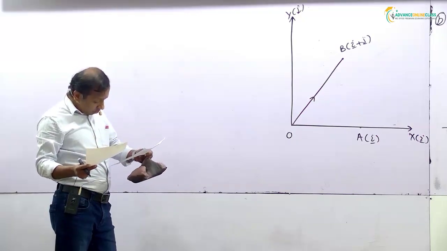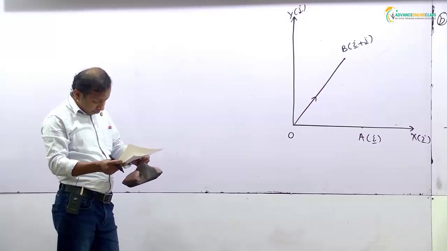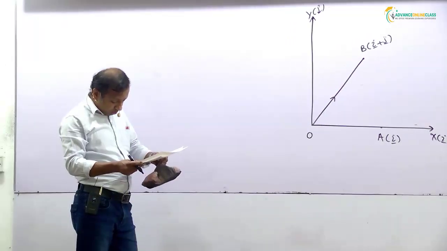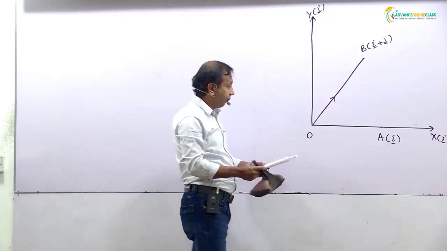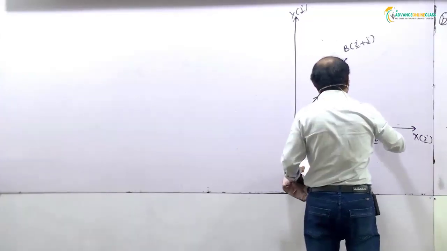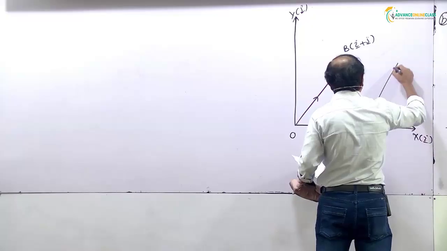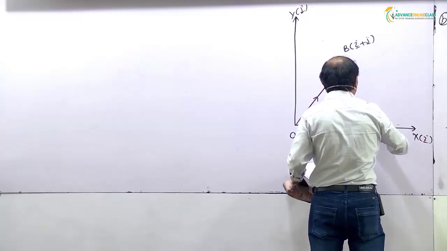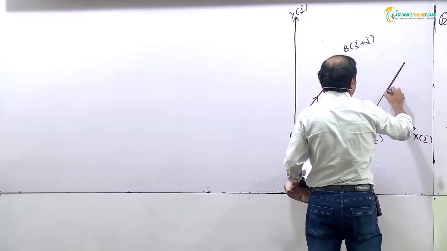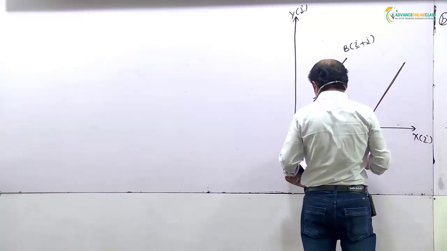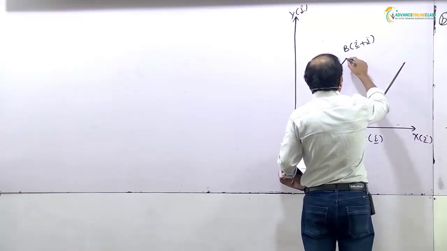Okay, let's see a point on the line which passes through A parallel to OB. The line passes through A like this. On this line, there's a point C like this.